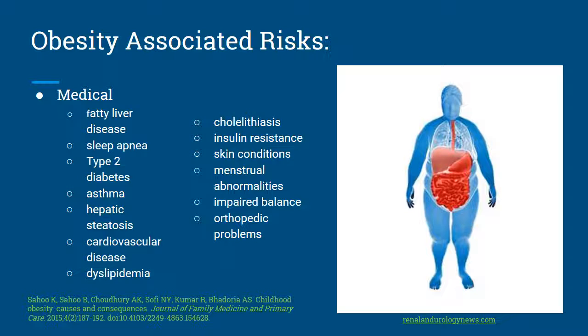The comorbidities of obesity in childhood and adolescence include abnormalities in the endocrine, cardiovascular, gastrointestinal, pulmonary, orthopedic, neurologic, dermatologic, and psychosocial systems. And they are as well limited in their physical function.